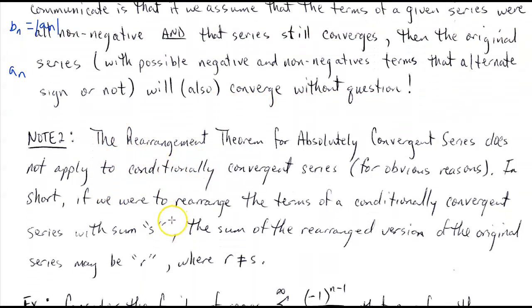Now, note number 2 says that the rearrangement theorem for absolutely convergent series does not apply to conditionally convergent series. Of course, for obvious reasons, because it's for a convergent series.